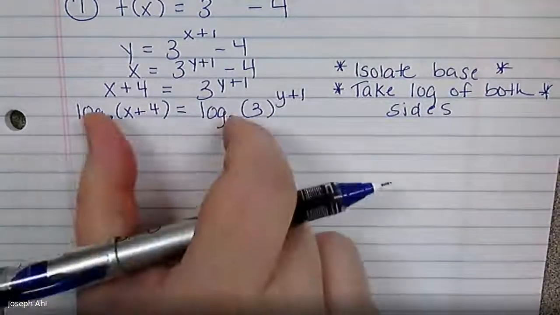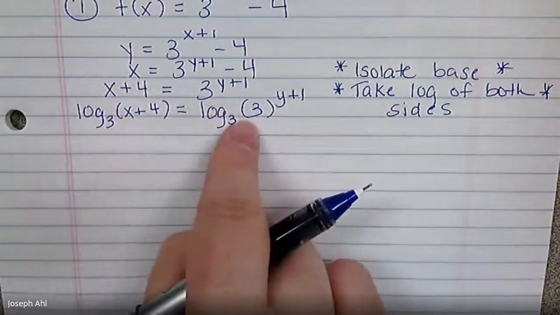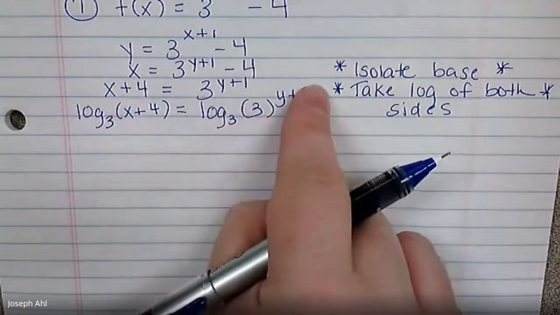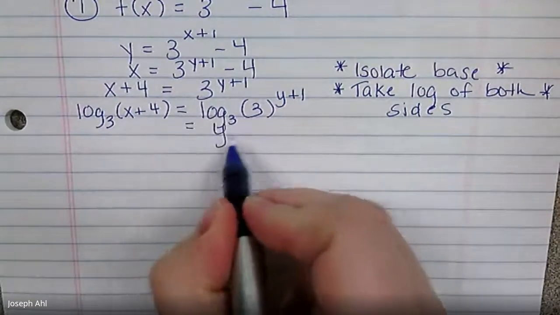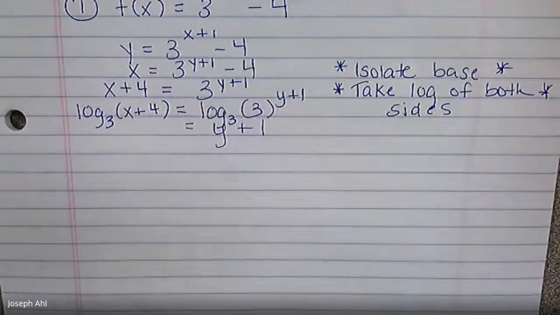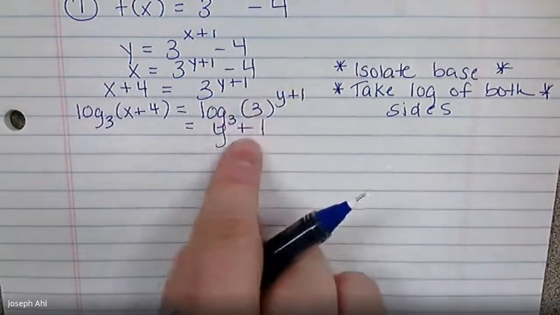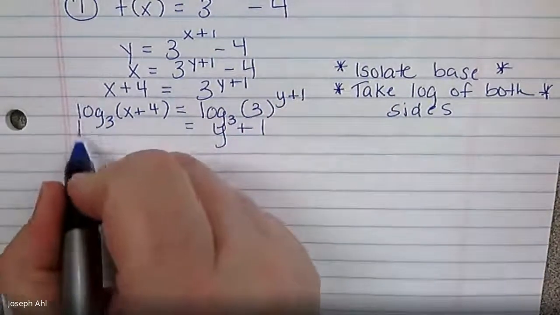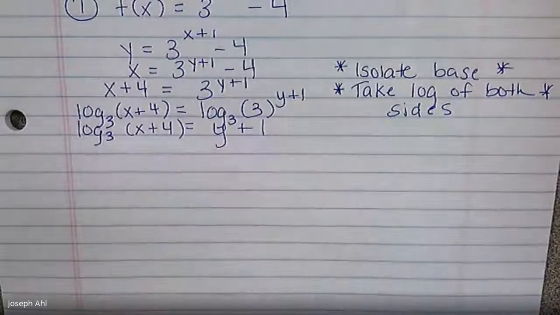Okay, so when I take log base 3 of both sides, it's log base 3 of the quantity x plus 4, and log base 3 of 3 to the y plus 1. What would happen on the right side is you would just get y plus 1 left over. The log base 3 and 3 to this power undo each other to just be left with y plus 1. Here we get log base 3 of x plus 4.